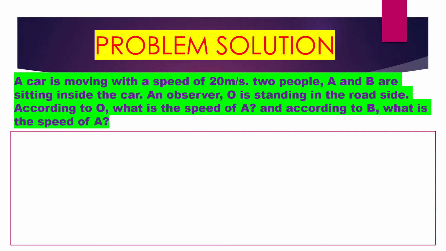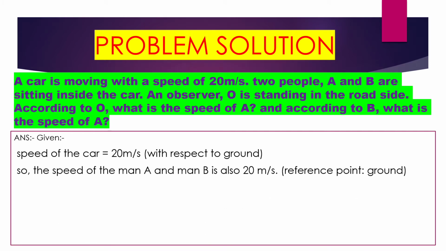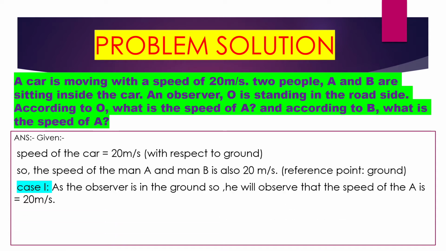So the speed of the man A and man B is also 20 meters per second as they are situated inside the car. So as the observer is in the ground, he will observe that A is moving with speed 20 meters per second as he is taking the ground as the frame of reference.